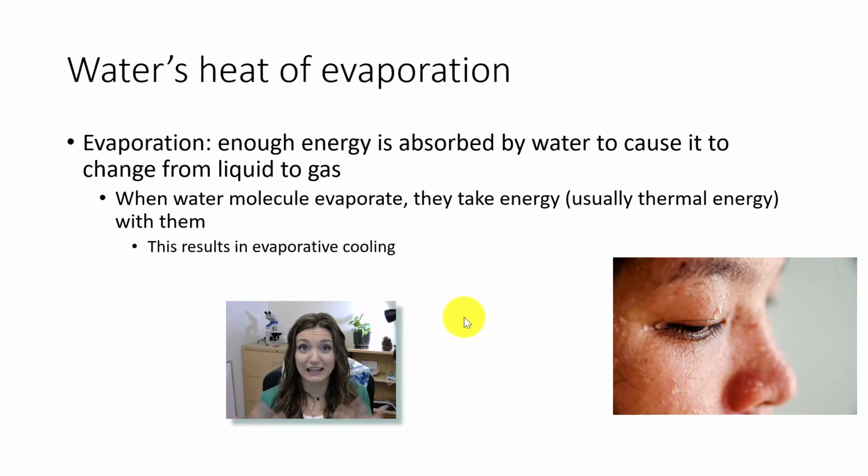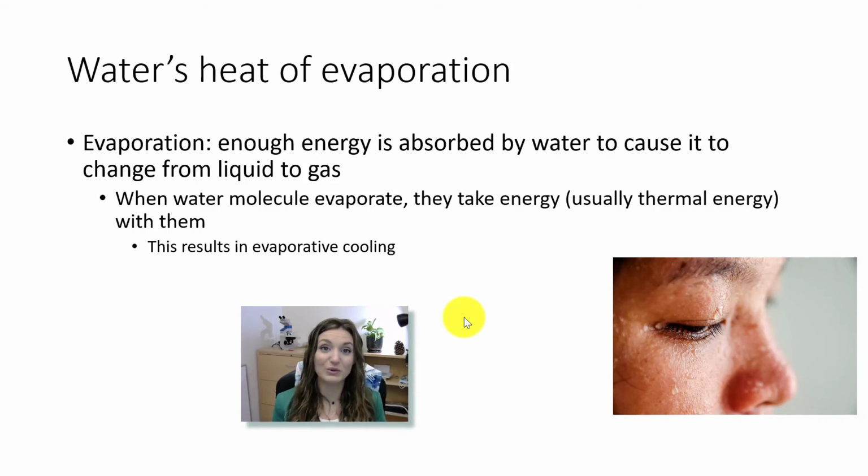They take that heat, that thermal energy with them, which results in us feeling overall cooler. Okay, so that's how evaporative cooling works, aka sweating, right? We put water molecules on our skin, they evaporate off when they get warm enough, and then they take that energy with them, which results in us cooling off.